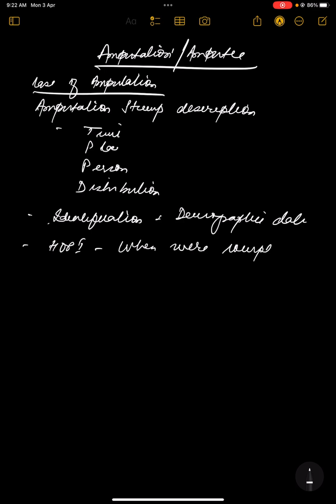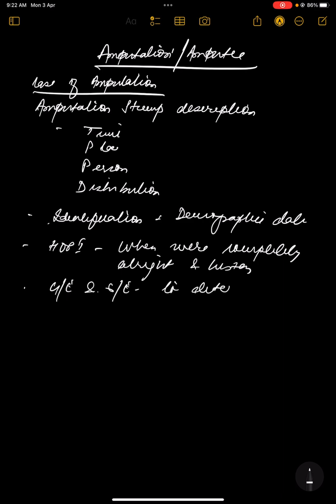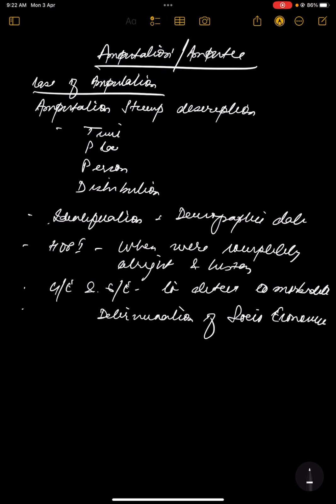You do a general and systemic examination to detect comorbidities. You determine the socioeconomic status of the person, and the needs for his activities of daily living.